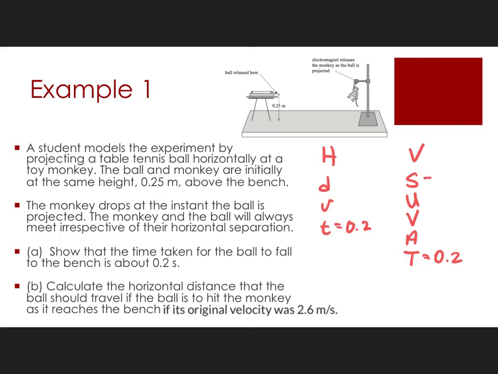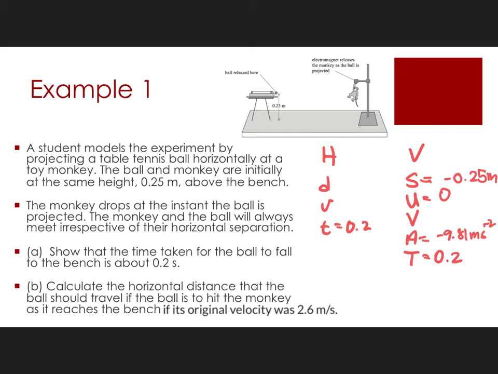I'm also going from the top down, so this value will be a negative value because I'm measuring it in the negative direction. It's falling. I know my acceleration is going to be negative 9.81 meters per second squared. And since it's being dropped, my initial speed is going to be 0.